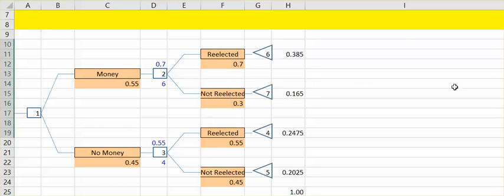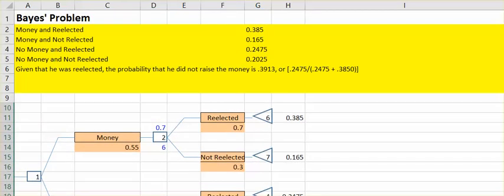The point is, yes, it's a little bit longer to do, but in this particular case, you are able to identify all possible outcomes, and you're able to identify the probabilities for all possible outcomes. Then you should be able to determine the probability for any of the outcomes, i.e., probability of money and re-elected, probability of money and not being re-elected.